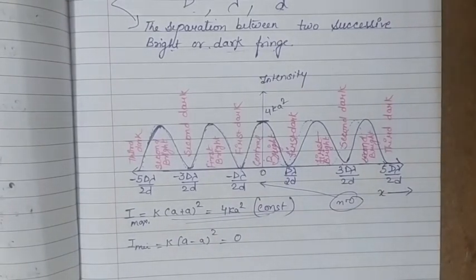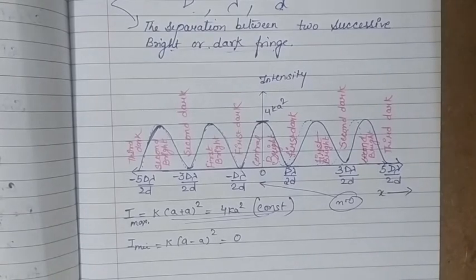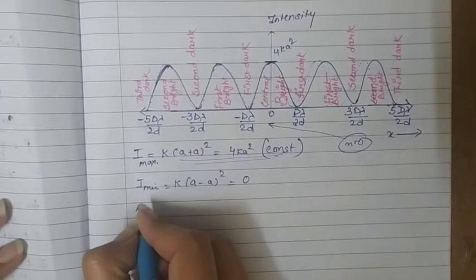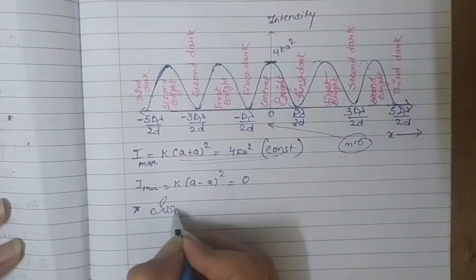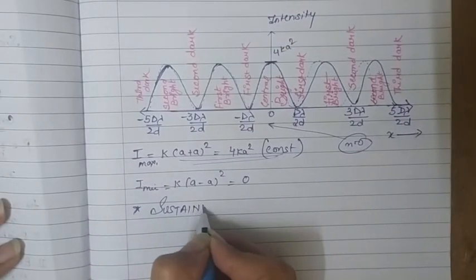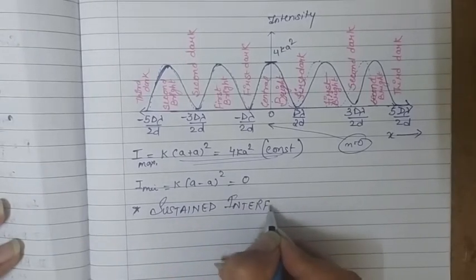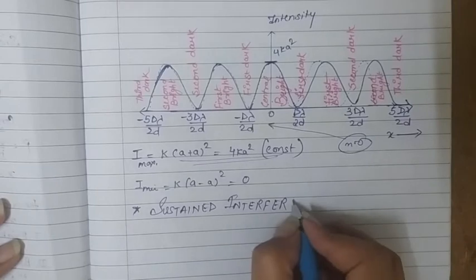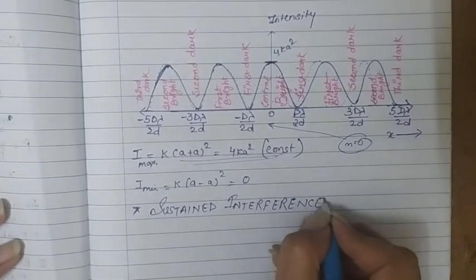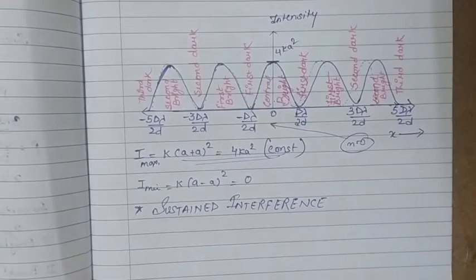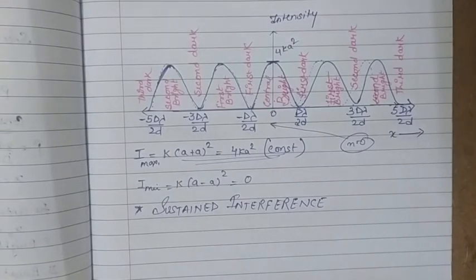Now, to get such type of interference that you can observe clearly, such interference is called sustained interference. Sustained interference means the interference that you can observe clearly, or the interference pattern in which the positions of maximum and minimum intensity on the screen are not changing with time.